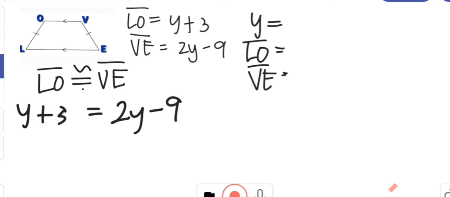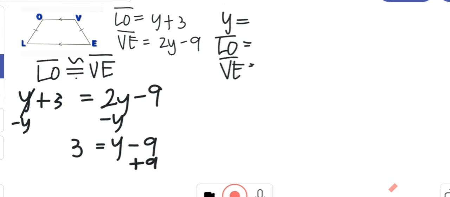Using the addition property of equality, we will subtract y on both sides of the equation to find y. So 2y minus y is equal to y, and then we have here 3 minus 9, so y is equal to 12.